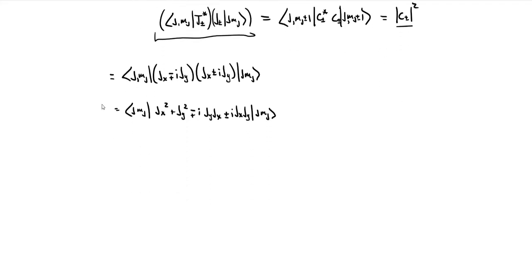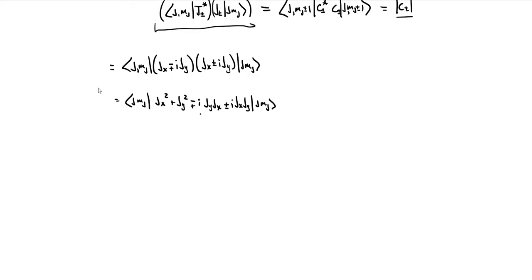If we look at those last two terms here, we realize this is essentially just a commutation relationship between JY and JX.